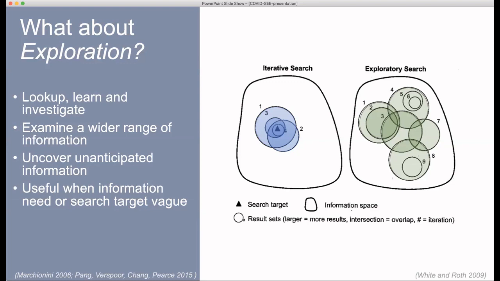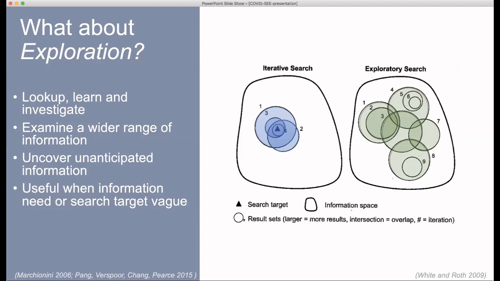And you know what you're looking for, even if you don't know where it is. And often, particularly with health concerns, people don't know what they're looking for. They don't know what diagnosis they have, maybe, yet. They just have some symptoms, and they want to explore some space around what might be relevant to their particular symptoms.